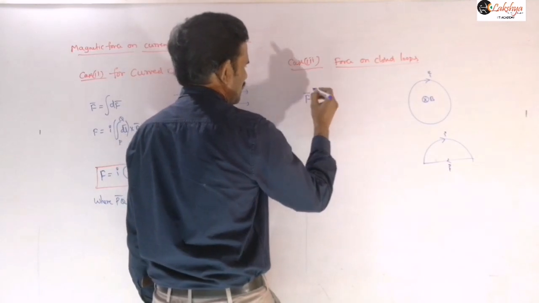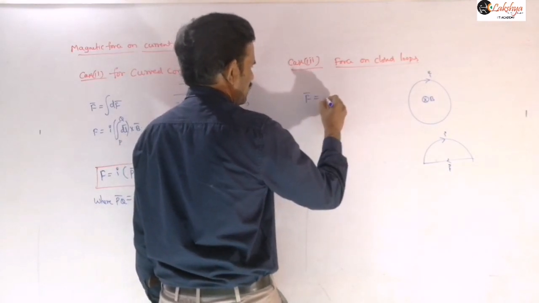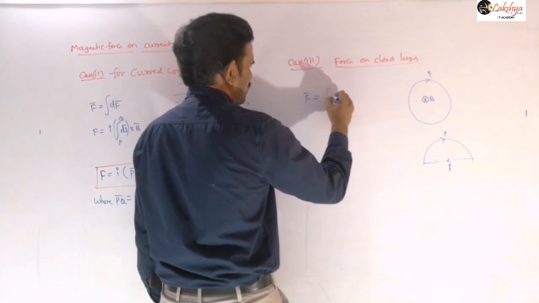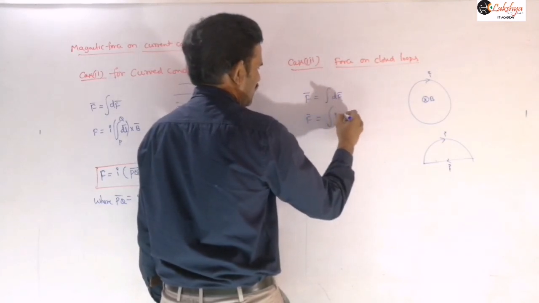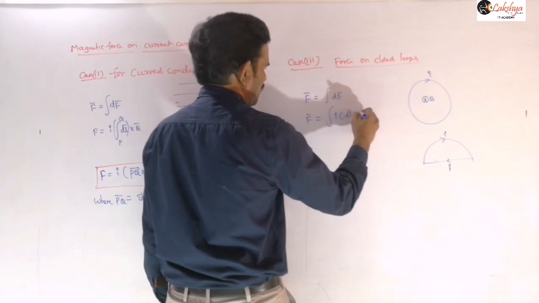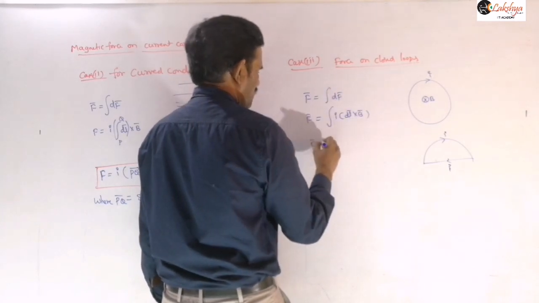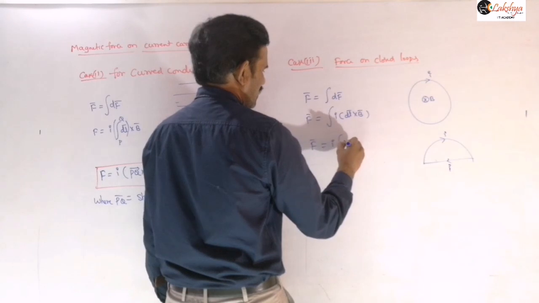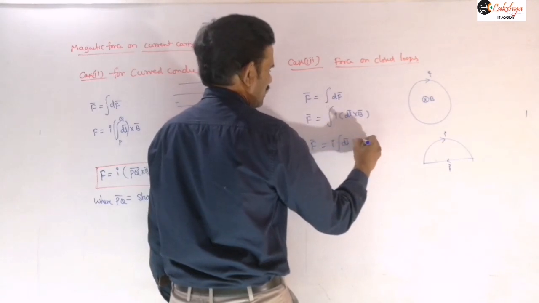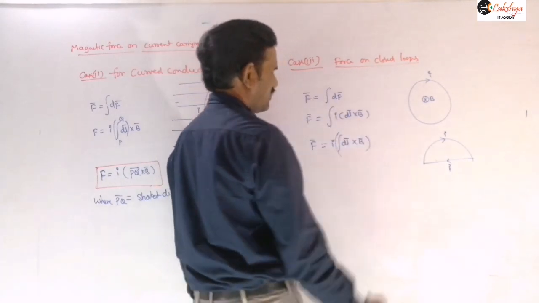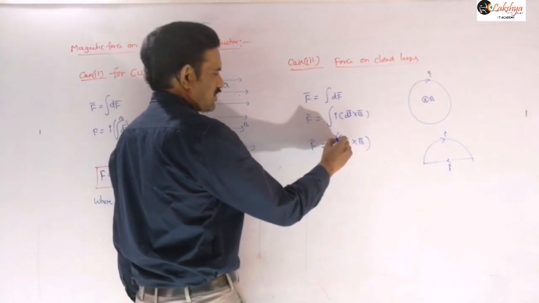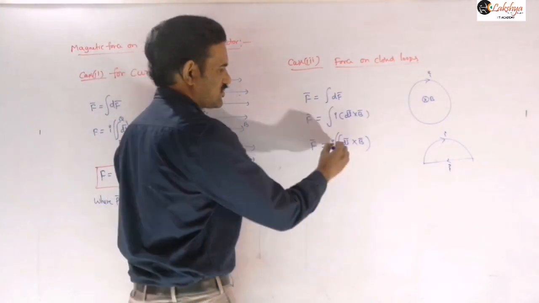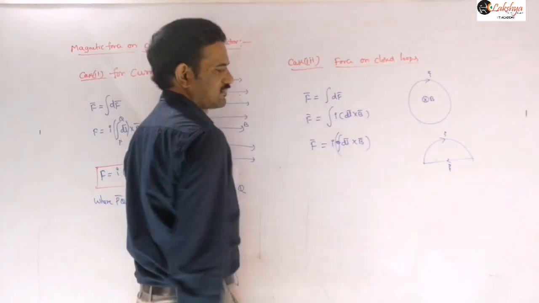So again same, integral of dF bar, which indicates I into integral of dl bar cross B bar. So F bar is equal to I into integral of dl bar, cross B bar. Now this integral of dl bar is a closed integration, that means on a closed loop we are integrating here.